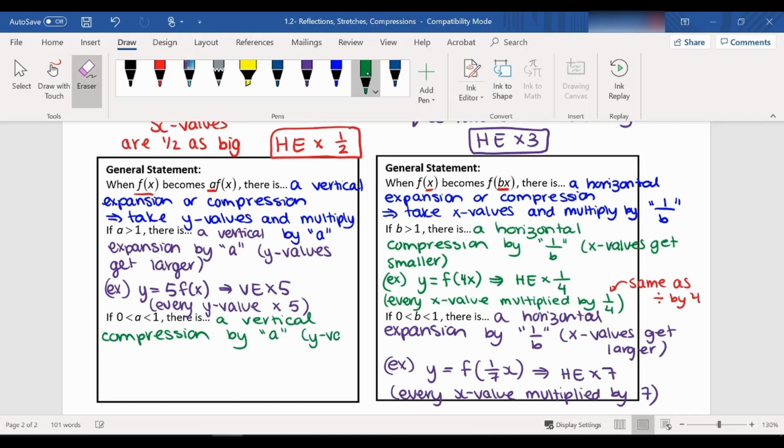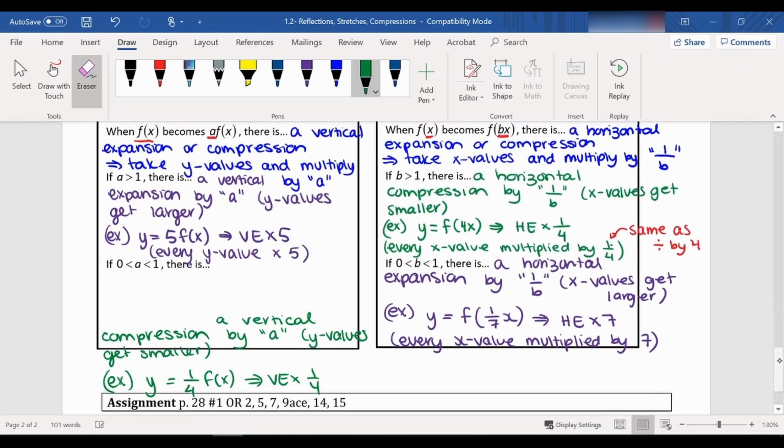Your y values are going to get smaller. So for example, if I have y equals 1 over 4 f of x, this is going to be a vertical compression by 1 over 4.